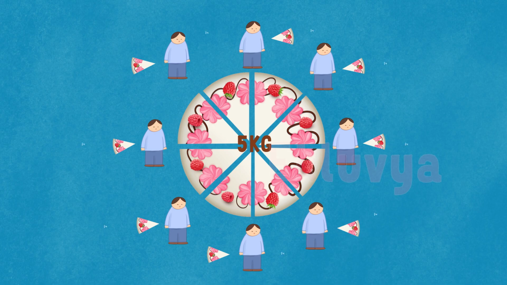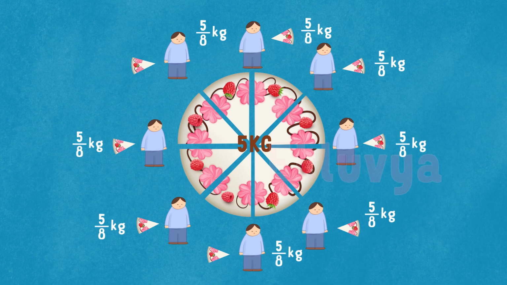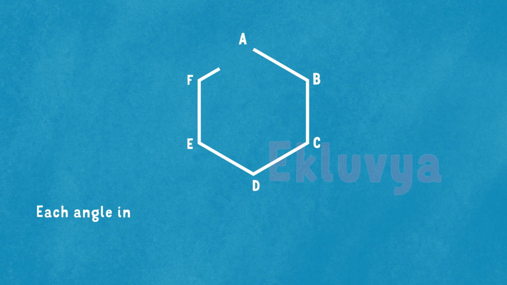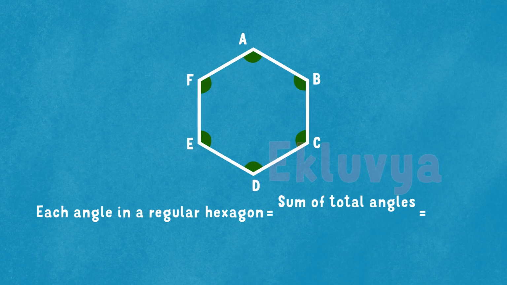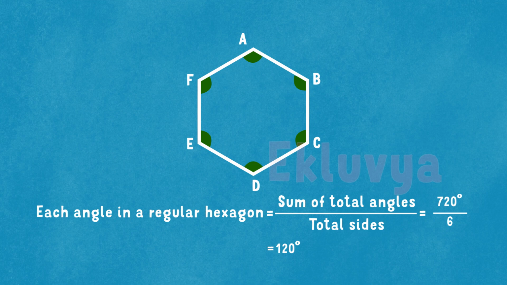That is 5 kg divided by 8 people. Similarly, each interior angle in our regular hexagon is equal to the total angle, that is 720 degrees, divided by the total number of sides, that is 6, which is equal to 120 degrees. That's right, each angle in a regular hexagon measures exactly 120 degrees.